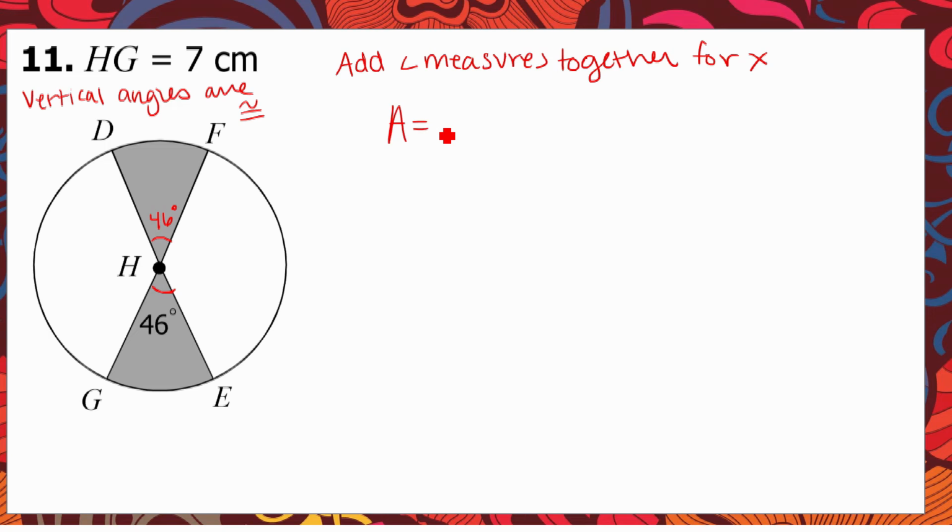Okay, so x pi r squared divided by 360. So we need to know what x is, and we need to know what r is. From h to g, and it is the radius, not the diameter, because it's from the center to the side, is 7 centimeters. So the radius is 7 centimeters.